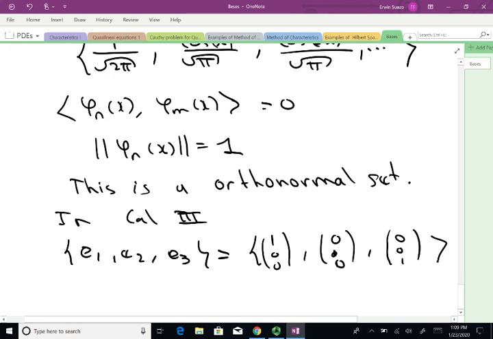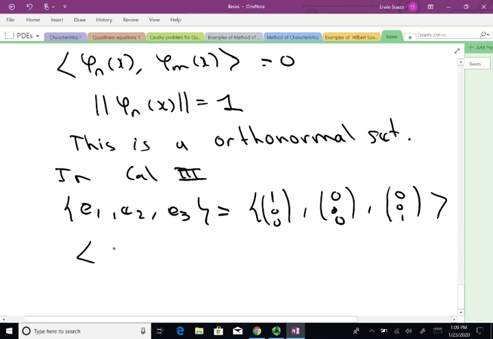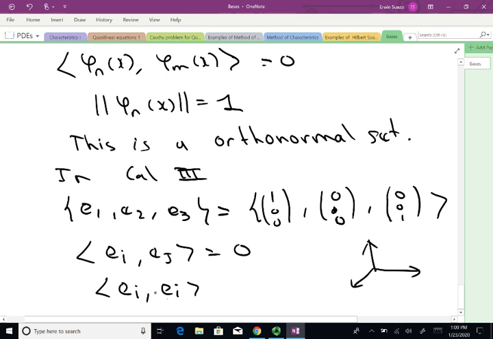If you take the inner product of e_i with e_j, it gives you 0 because they're orthogonal. But if you take the inner product of a vector with itself, it gives you 1. So we are trying to imitate this. Okay, why?